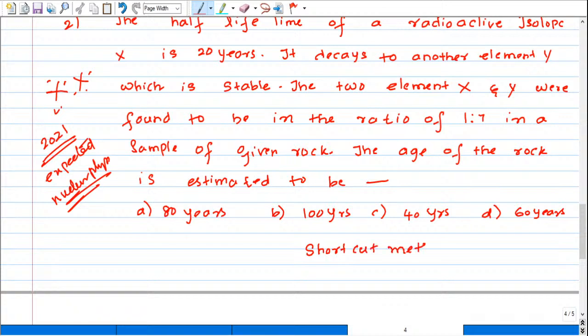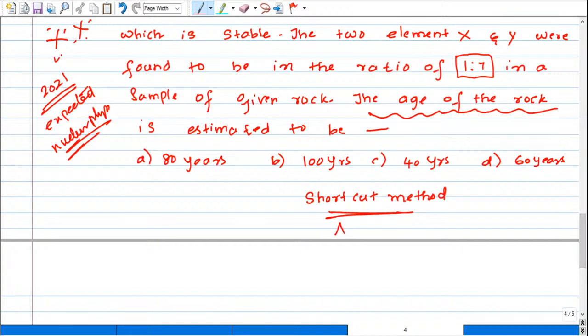To go into the shortcut method, first see the ratio. This is the sum of ratio, and we are asked to find the age of the rock. Add the ratio 1:7, that is you get 8. Convert in terms of cube, you get 2 cube.